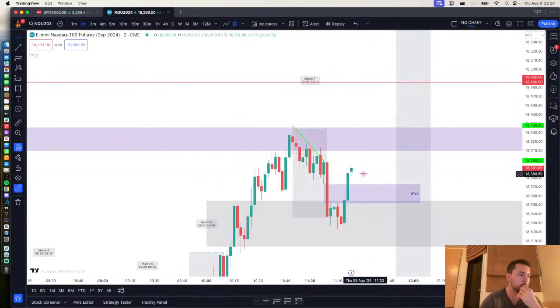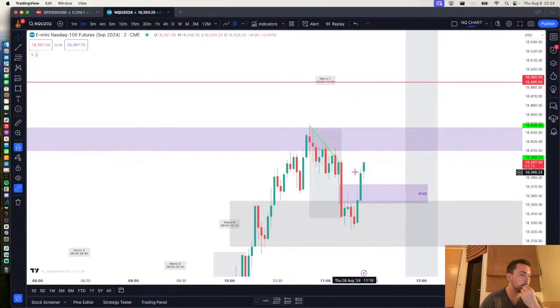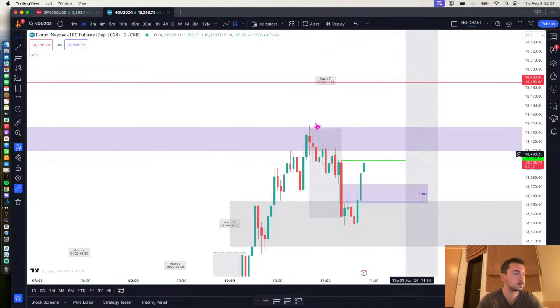I mean, we're basically in lunch now, but in theory, this inverse should take us at minimum to this internal high right here, right? And ideally, to run the LRLR.